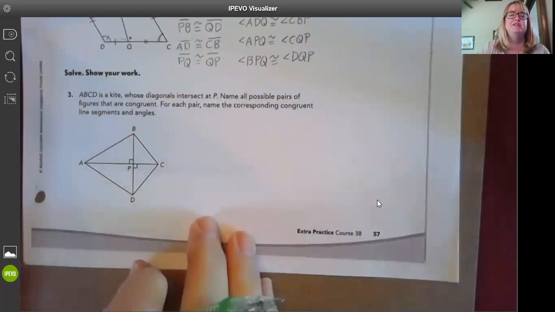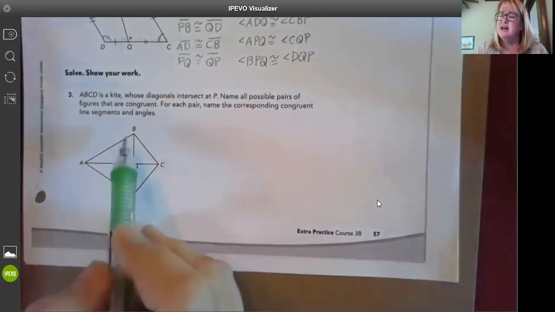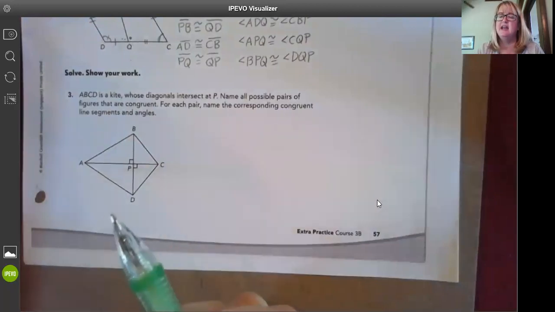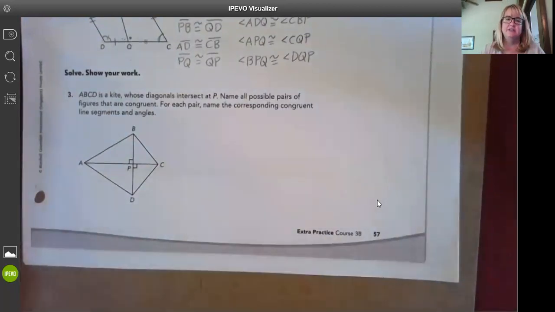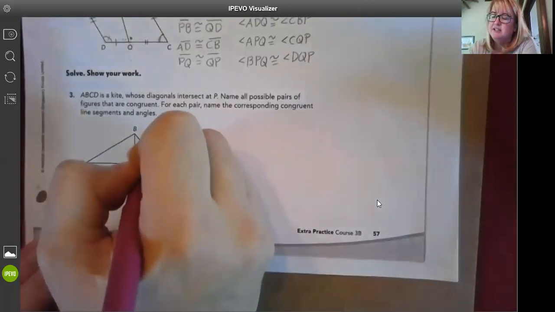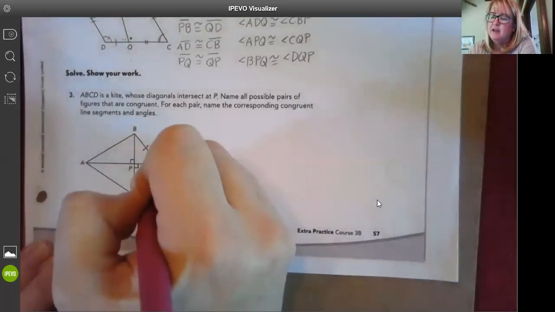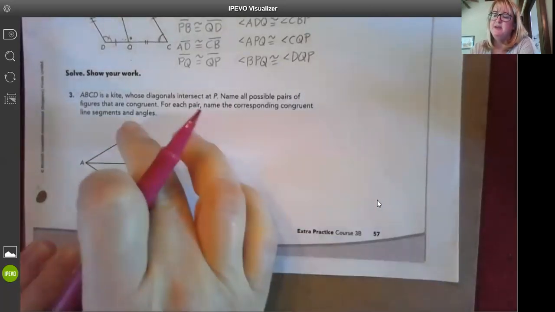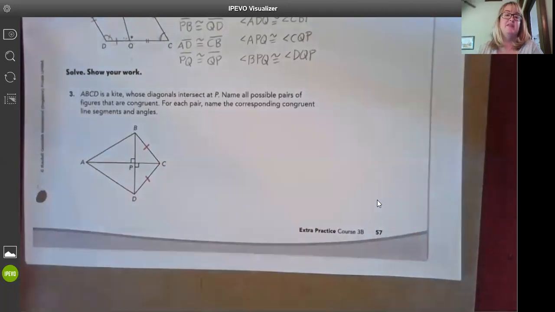ABCD is a kite whose diagonals intersect at P. So this is a kite, and a kite has adjacent sides that are the same length. Adjacent sides, so that means that CB and CD, they're adjacent, and because it's a kite, they're the same length.